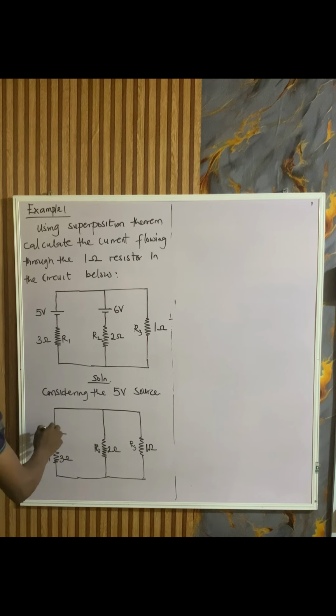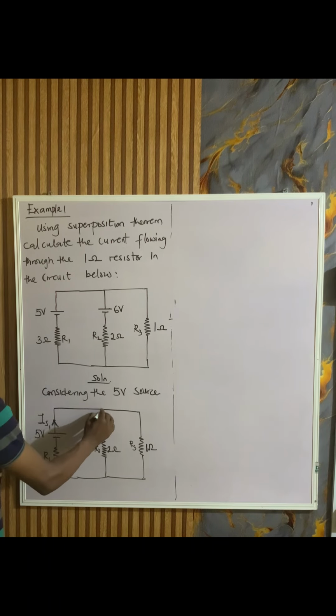Now let me assume that the current as a result of this 5 volt source is called I source 1. We want to calculate what this I source 1 would be. Because of this cell, it will provide a current to this circuit.